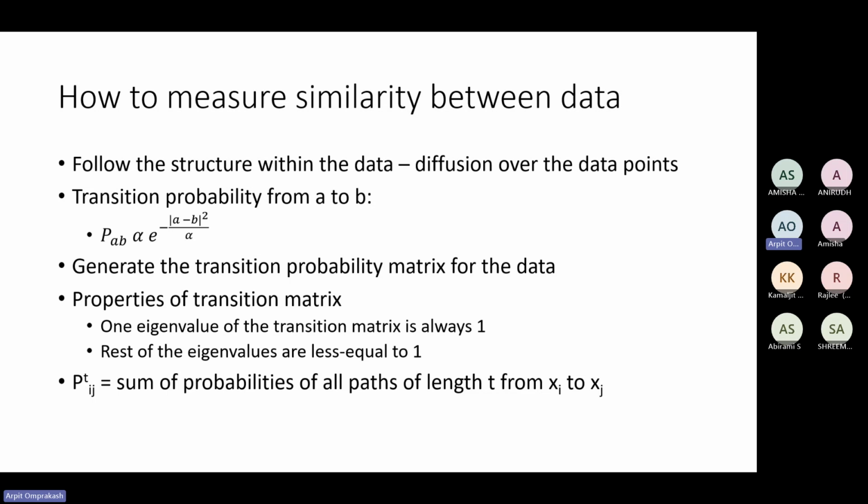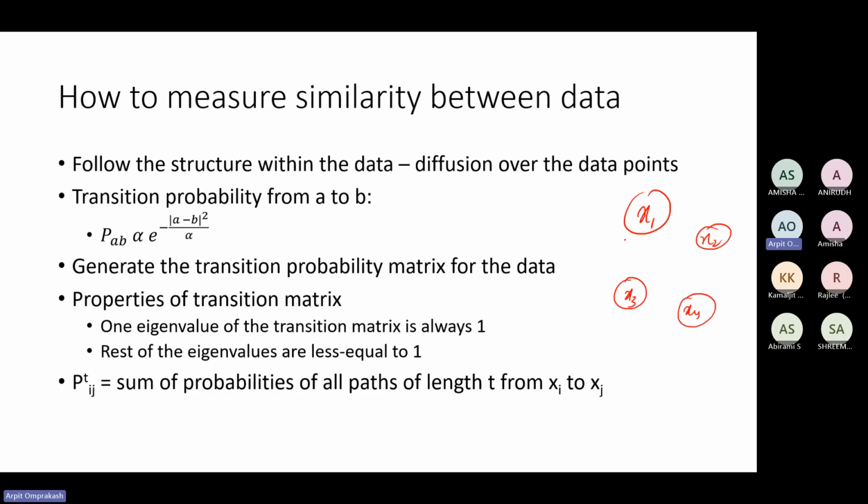Okay. So basically, we have to measure similarity between various different data points. We do this by following the structure that is present within the data, using a model called diffusion over data points. So let's say you have data points x1, x2, x3, and x4 here. How we measure the distance is by using diffusion.